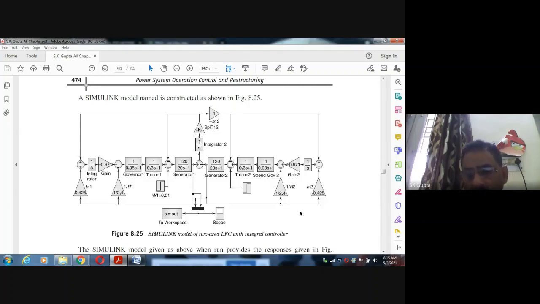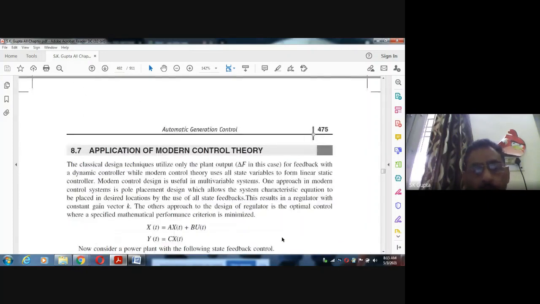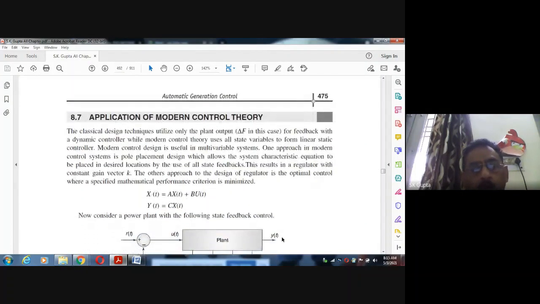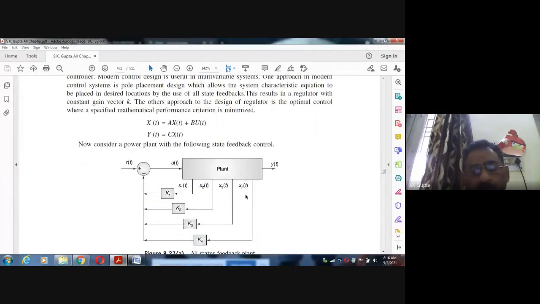To study that, we apply the modern control theory. Suppose our power system or plant is like this, and x1, x2, x3, up to xn are the system states.